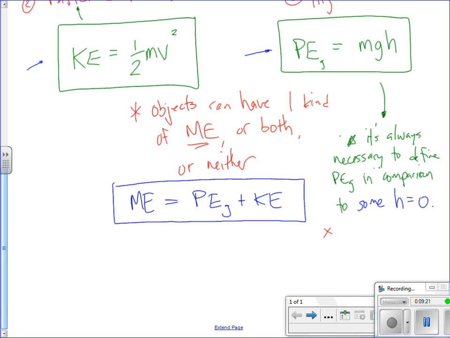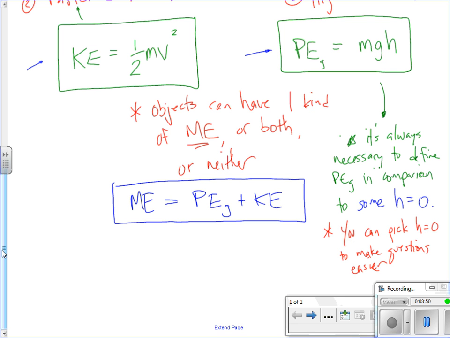And I'll put a little asterisk. You can pick 0 height to make questions easier. Now you can't always do that, because if I say, what's the tennis ball's gravitational potential energy compared to the floor, or with respect to the floor?